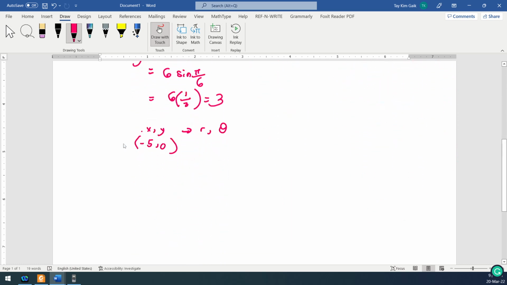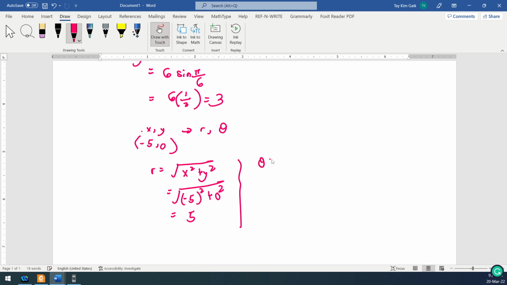So you want to find r. r will be the square root of x squared plus y squared, which is the square root of negative 5 squared plus 0 squared, so you have 5. This is r.